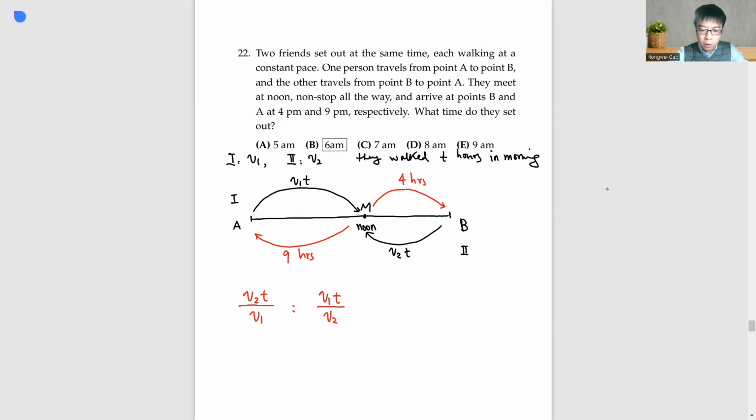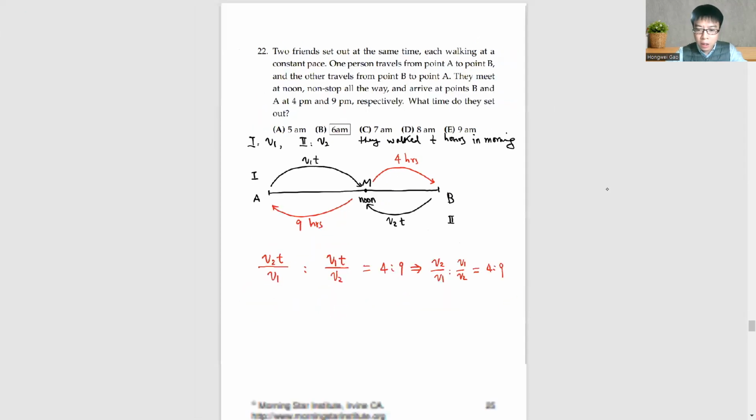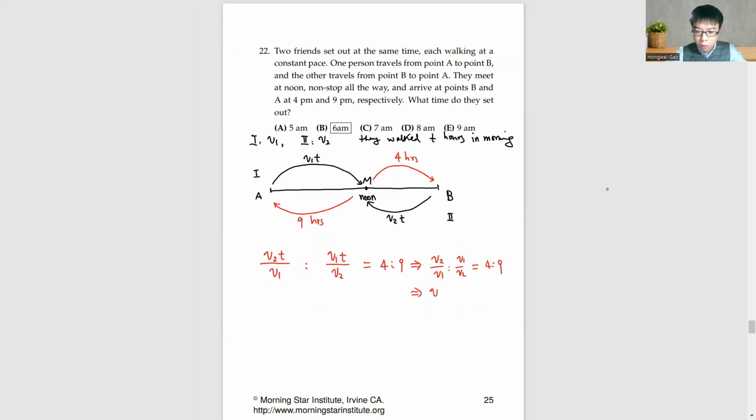So we know the ratio here is 4 to 9. So basically we can cancel t. That means v2 over v1 times v1 over v2 equals 4 to 9. Now we can find that v1 to v2 is basically 3 to 2. Okay, so that's their speeds.